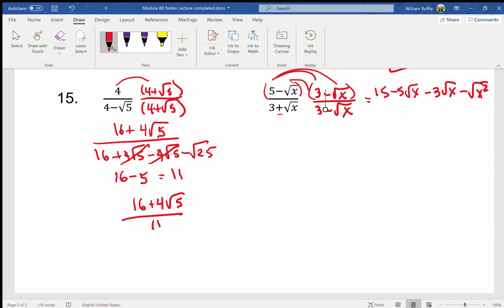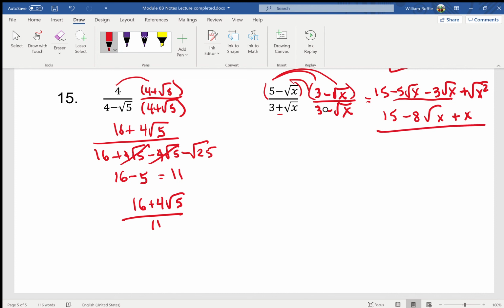So now I can combine some like terms, can't I? The middle terms go away here. So 15 minus 5 minus 3 is minus 8 root x. And so then, I did make a sign error here, didn't I? Negative square root x times negative, that should have been a positive, shouldn't it? Plus x. So that's my numerator.